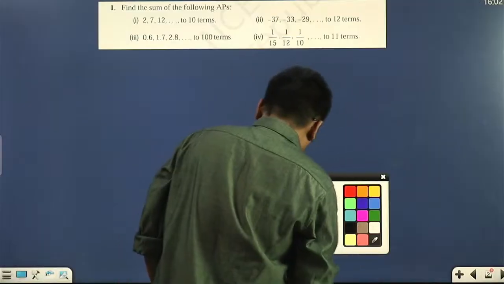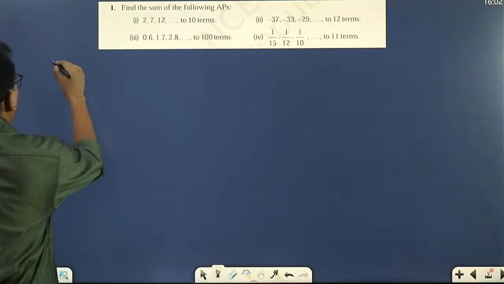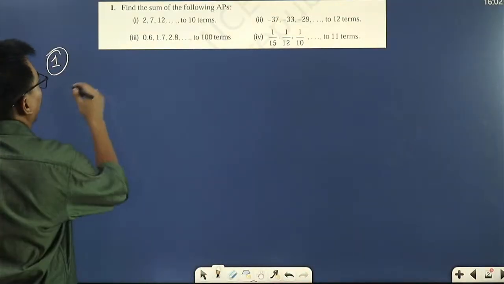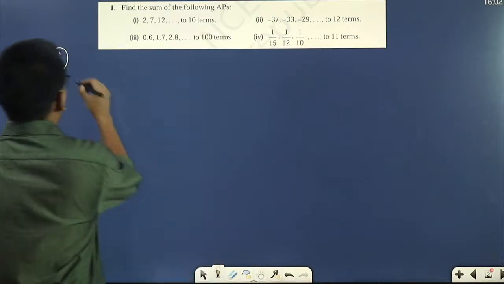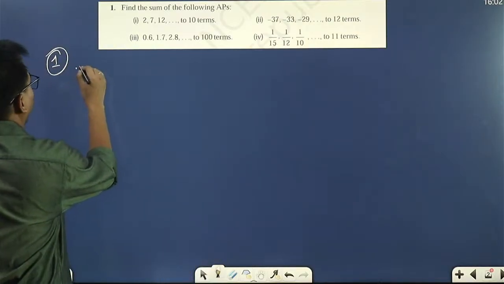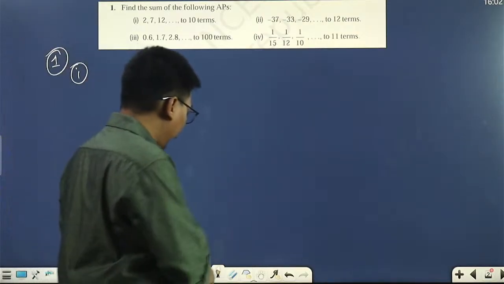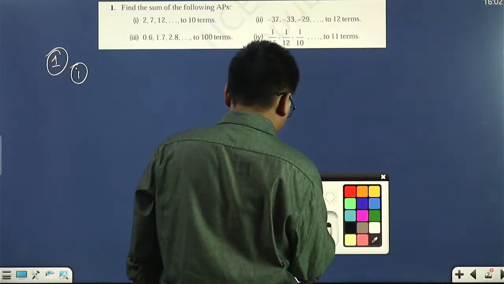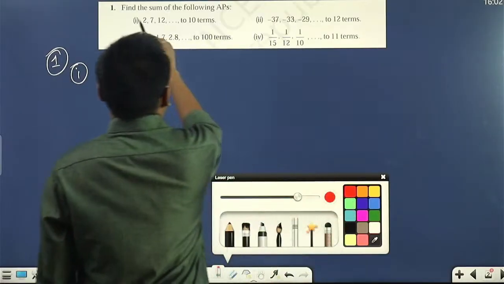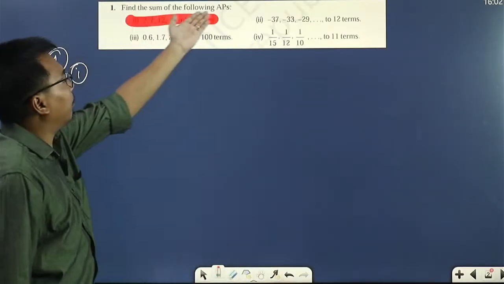Our first question, number 1, Roman number 1. We have to find the sum of the following APs.